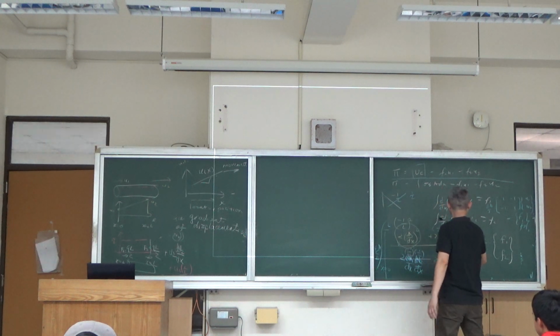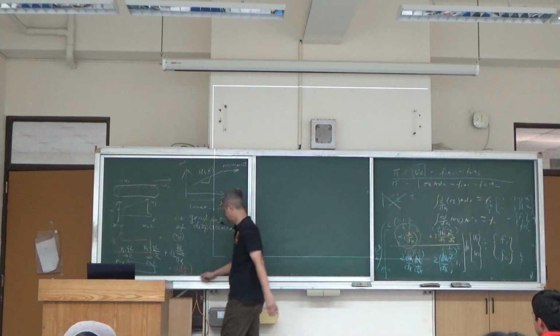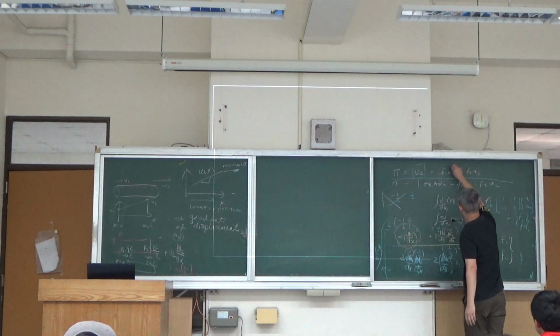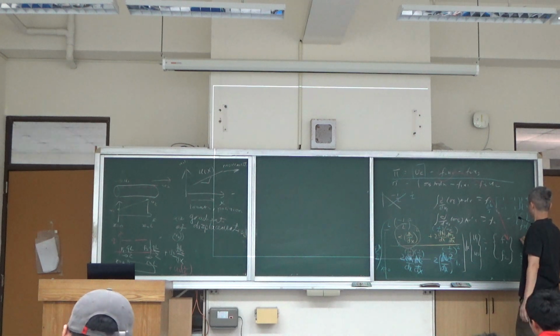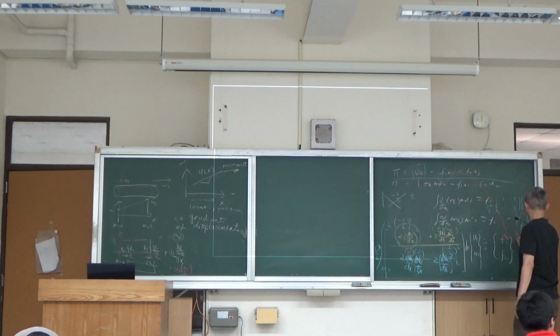Okay, so when you get this force on the right hand side, remember this? We got this force on the right hand side by writing the derivative of the positive work done.